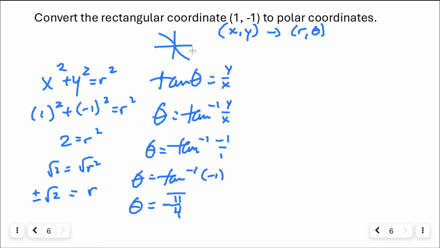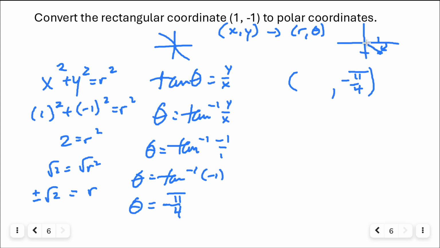So then how do I know whether it's plus square root 2 or minus square root 2? Well, first of all, 1, negative 1 is here in quadrant 4. So if I go an angle of negative pi over 4, that would mean I'd go to this here, from here down.